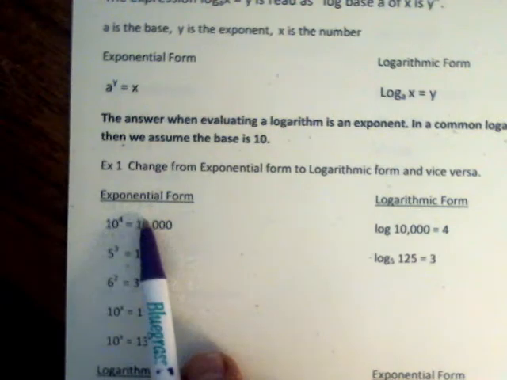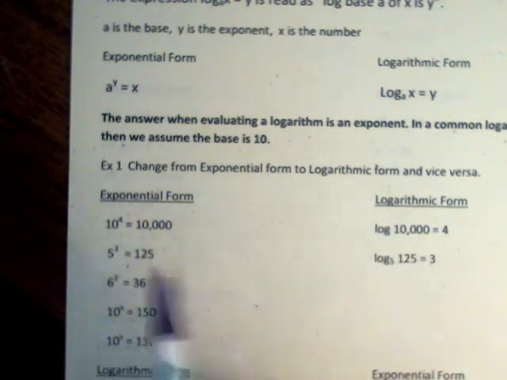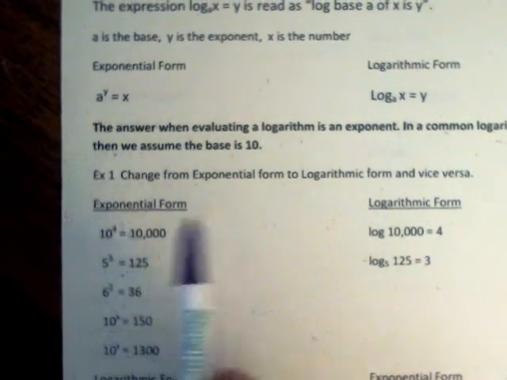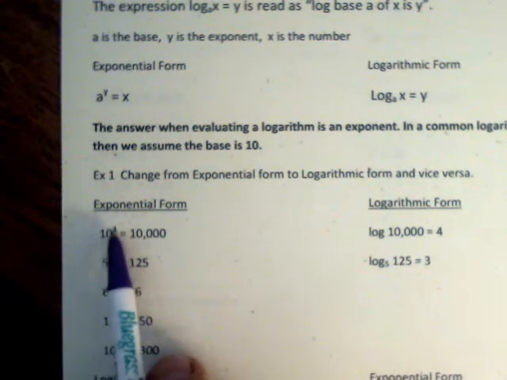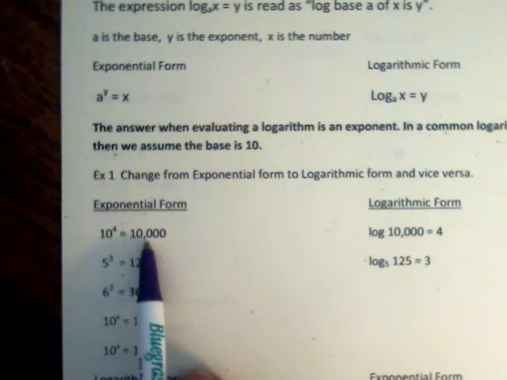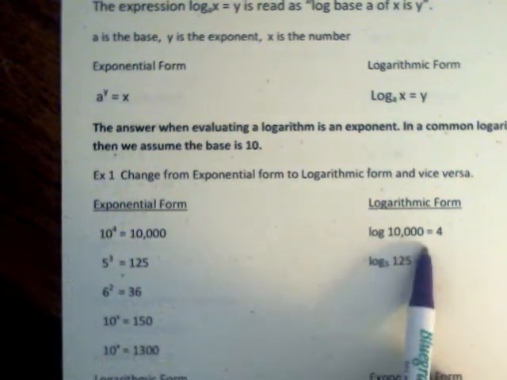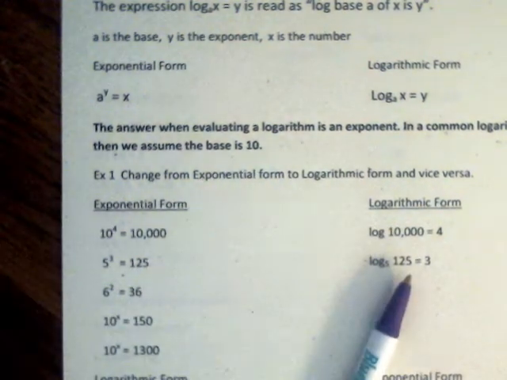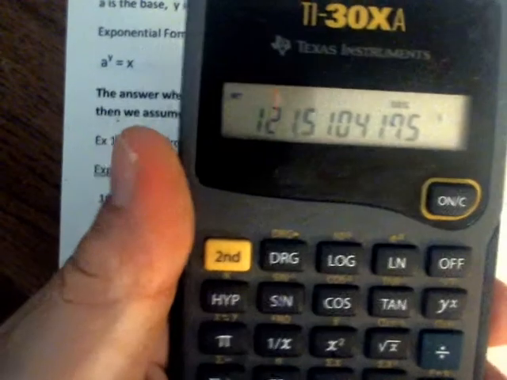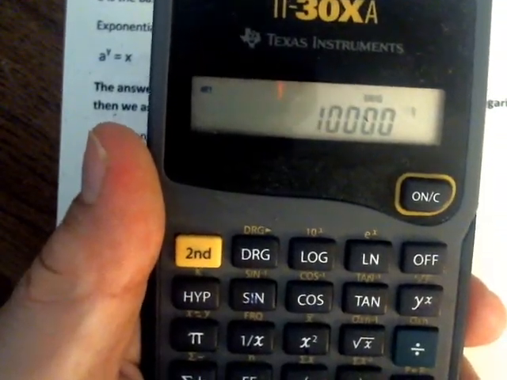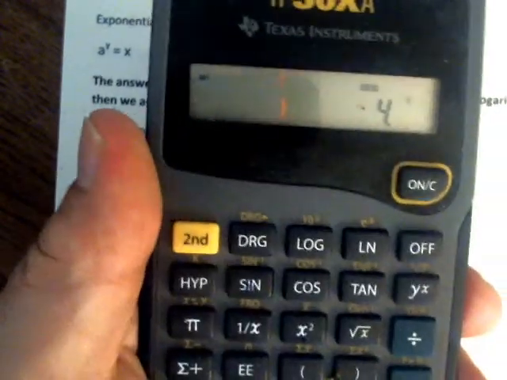Okay? So let's look at the two forms of going from an exponential form to a logarithm form and vice versa. In this case, 10 to the 4th power is 10,000. So as a logarithm, the logarithm of 10,000 is 4. And on my calculator, if you do the log of 10,000, you'll get 4.